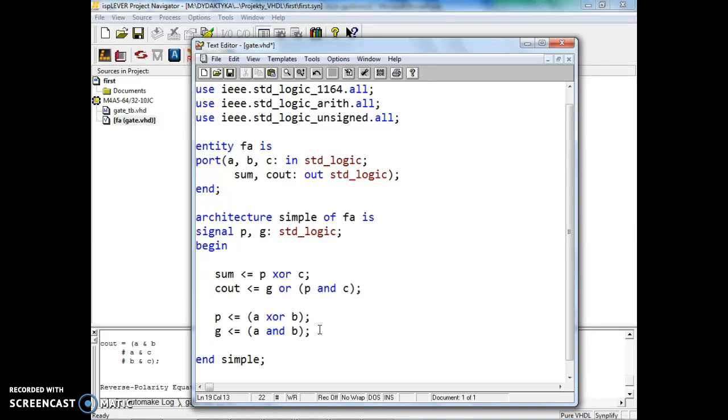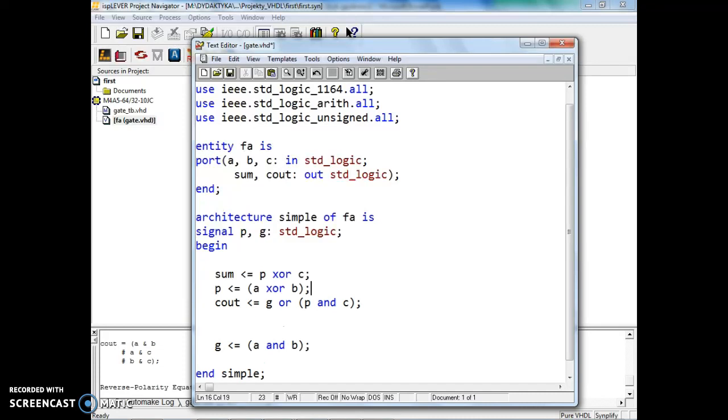Here, the order of these lines is unimportant. You can randomly sort them. I can put P in between. It seems that a different value of P will be used here and here. No, the same. It is the difference between the variable and the signal.